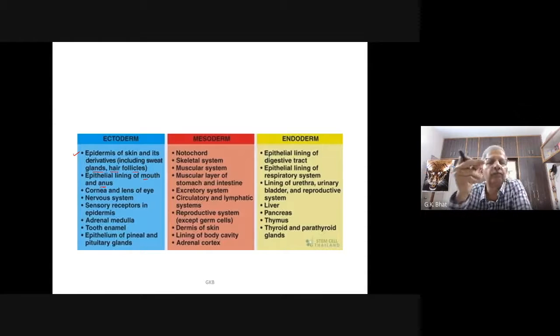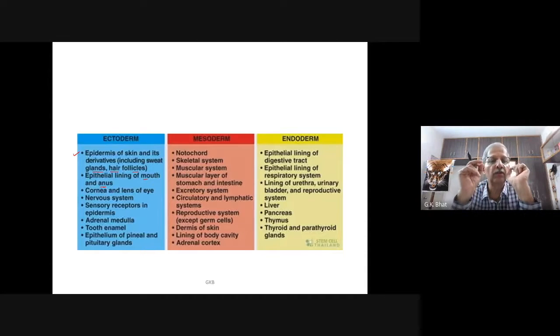Lens of the eye is an ectodermal derivative. Entire nervous system: if you cut and open the skull, you will get your brain exposed. The entire nervous system, brain and spinal cord inside the vertebral column, is an ectodermal derivative.